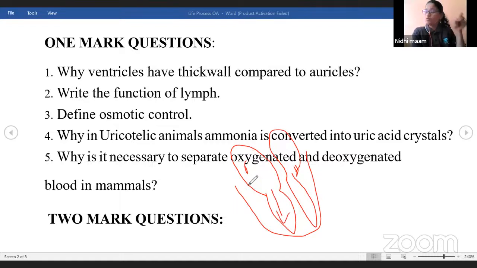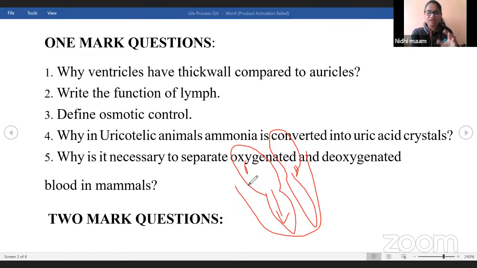From the ventricles there are 2 ways. When blood is pumped from the left ventricle, it goes to the aorta. When blood is pumped from the right ventricle, it goes to the pulmonary artery and then to the lungs.